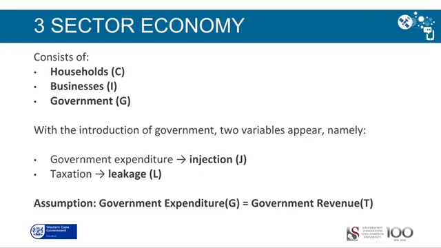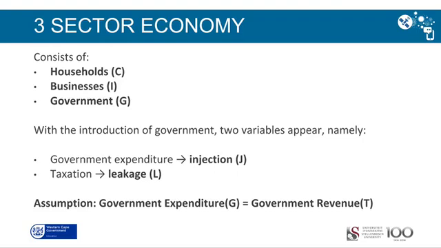Right, so with the introduction of government, two variables appear, and these two variables are government expenditure and taxation. Now here we come across two concepts that we were taught when you were introduced to the circular flow, and these are injections and leakages. Injection is denoted by the letter J. Leakages, on the other hand, is denoted by the letter L. Now, if you recall, the government earns their income from the taxes that they collect from people, right?